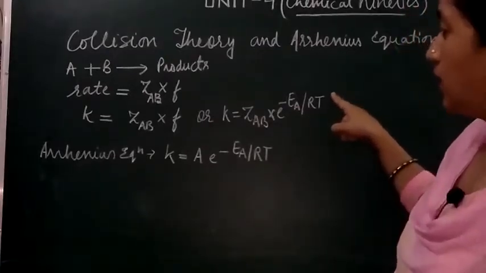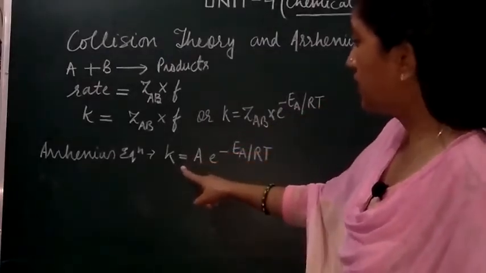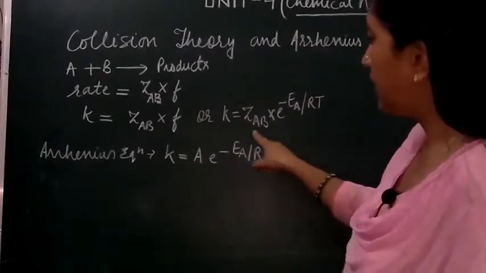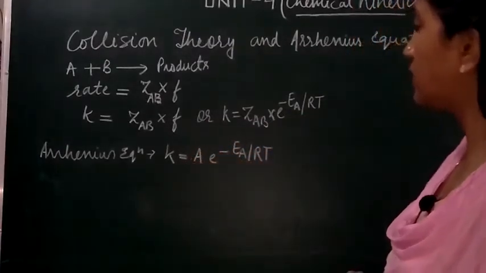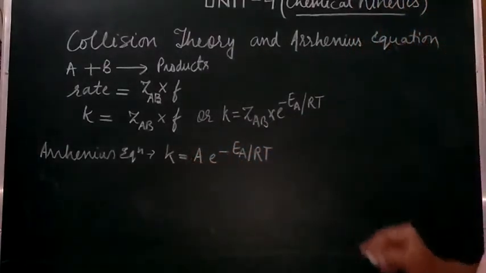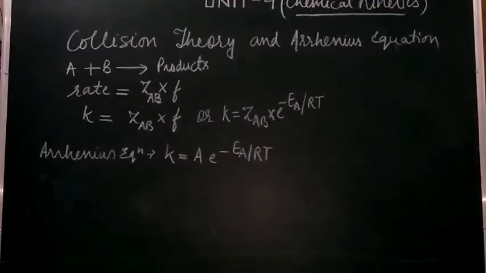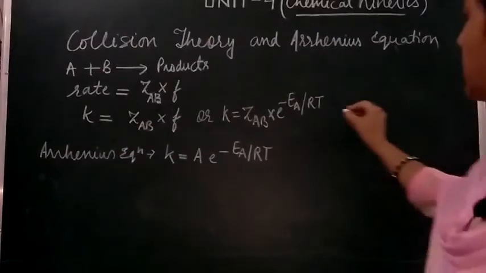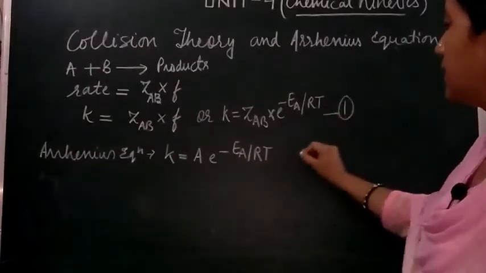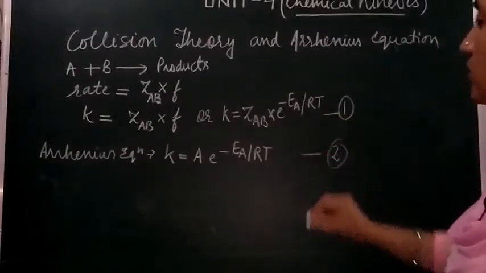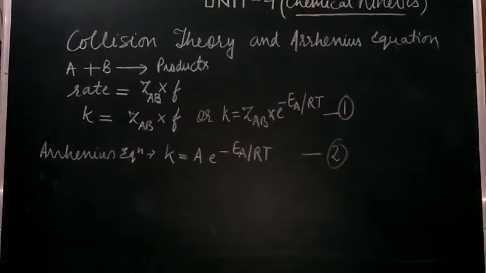Both rate constants are equated with one another. Let this be equation 1 and this be equation 2. So you will compare those two equations.